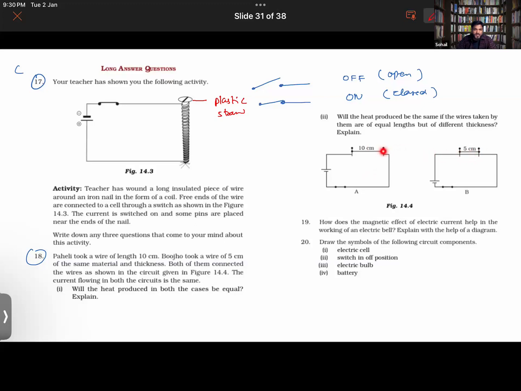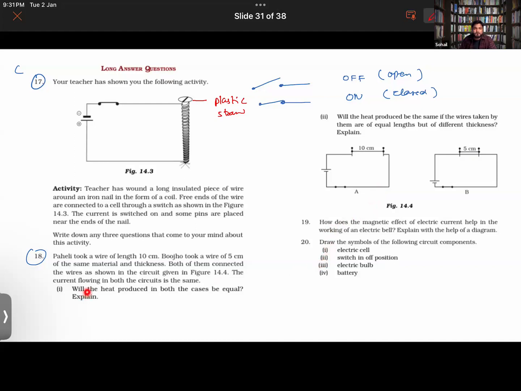The magnitude of current flowing in the two circuits is also the same.